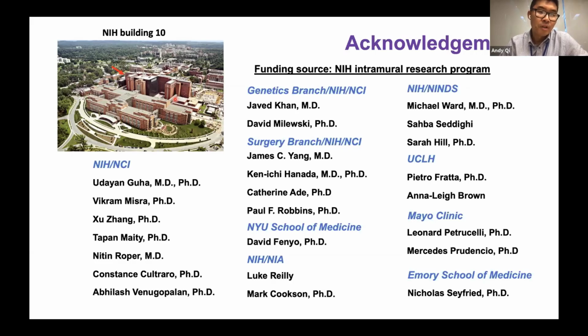So we have the intramural program, and about 1/10 of the total funding goes to NIH itself. So we have a really large campus with about 20,000 PIs and trainees. So yeah, with that, I would like to thank everyone for your attention, and I'm happy to take any questions.